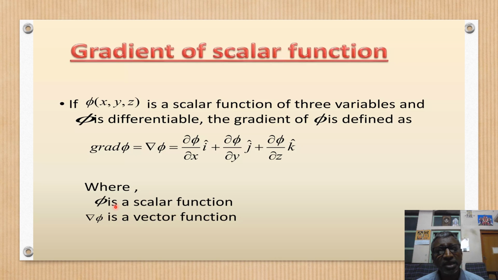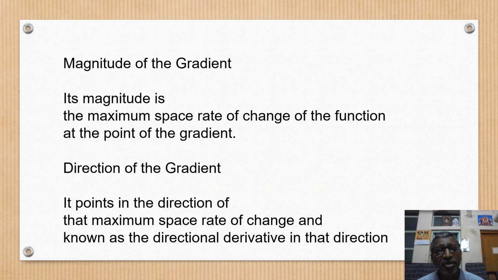As I have already told, phi is a scalar point function and del phi is a vector point function. Here del phi has the vectors i, j, k, and immediately we can conclude that it is a vector point function. So what about the gradient?